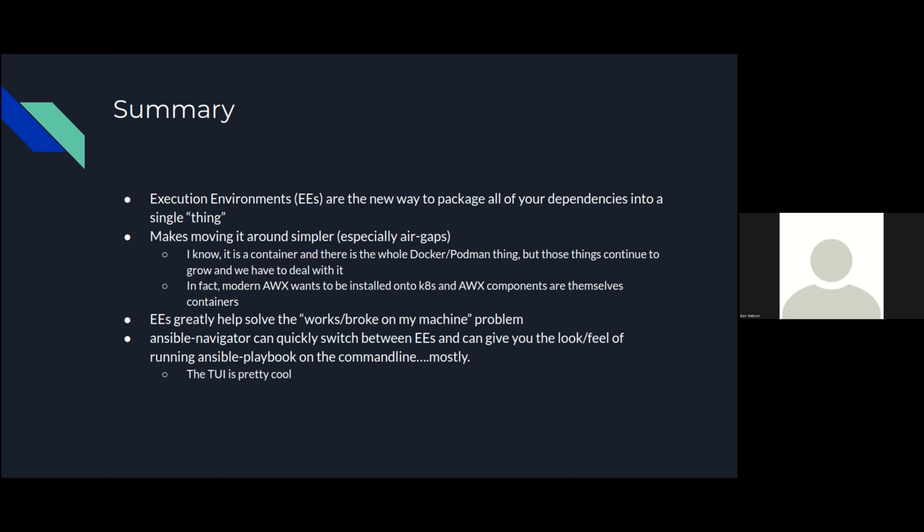So they went through that refactoring to make Red Hat's life easier. They don't want to be the ones managing Azure modules and all that. That's not their thing, right?